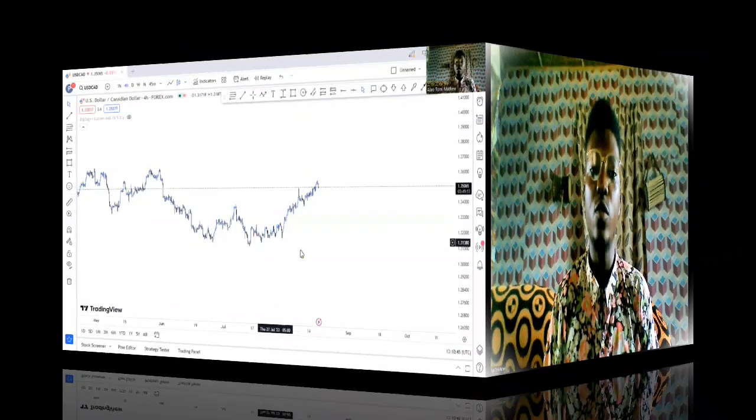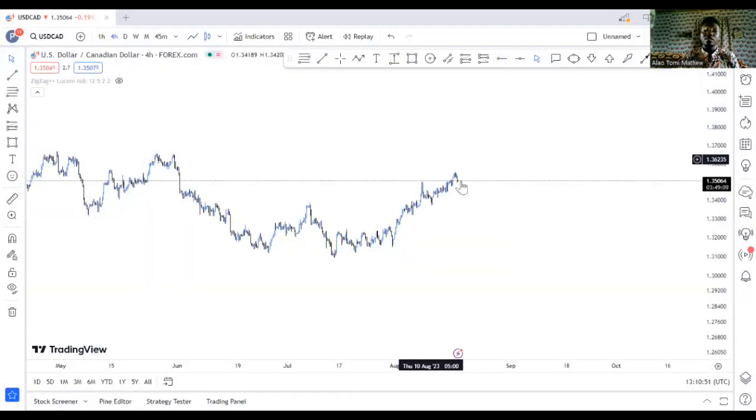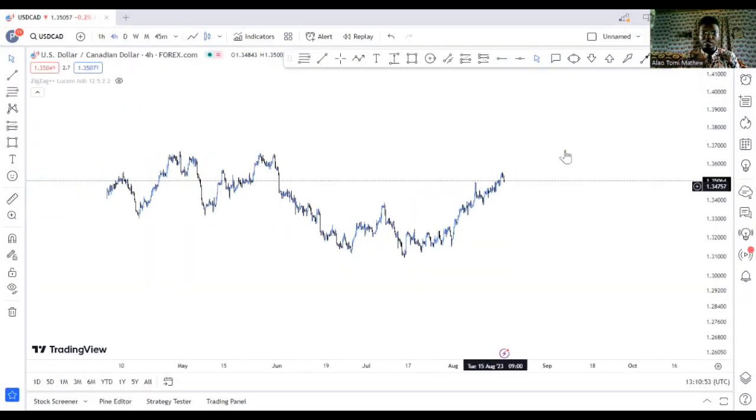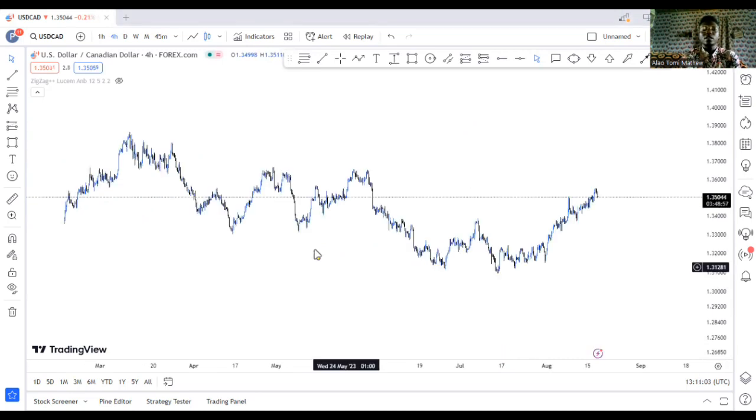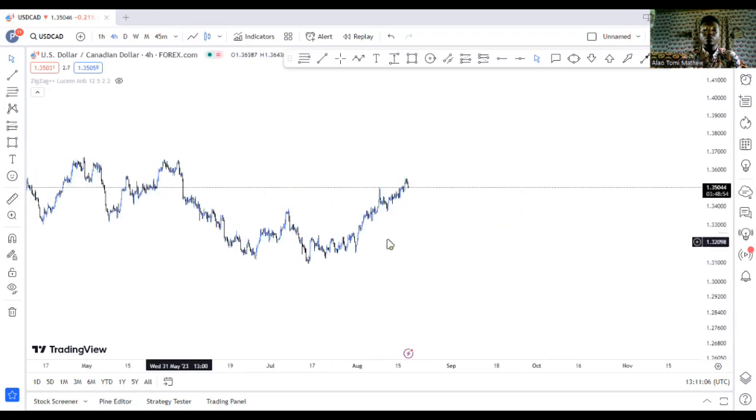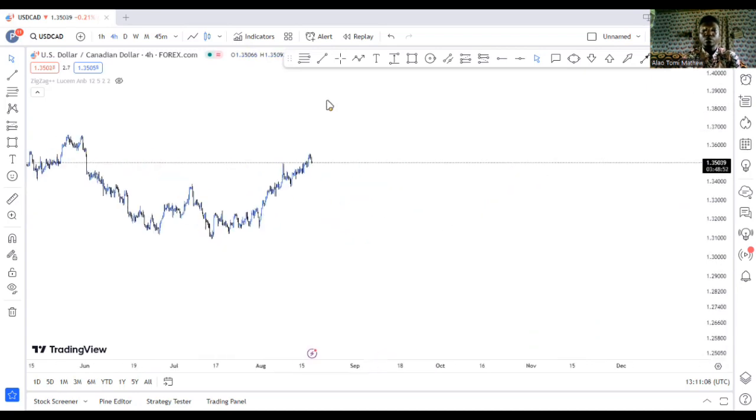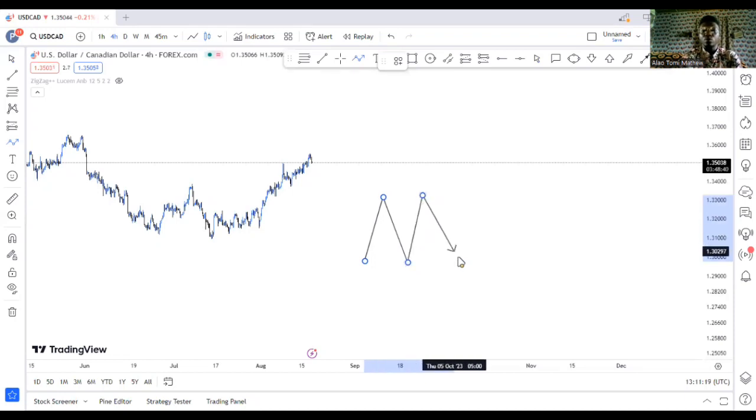So now on my screen here, this is my TradingView platform where I analyze charts. Let me give you a simple illustration before I give you a live example. I said support is a point in price where price is finding it difficult to break below, and resistance where it is finding it difficult to break above.